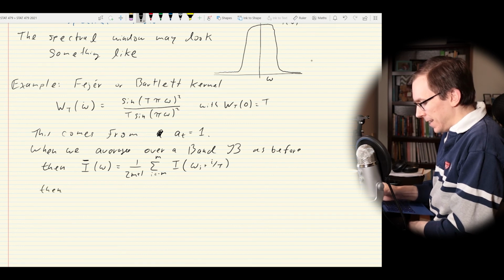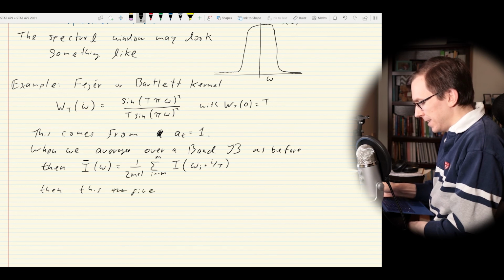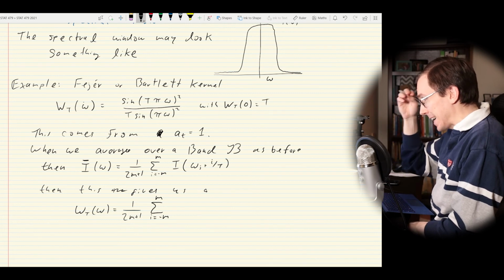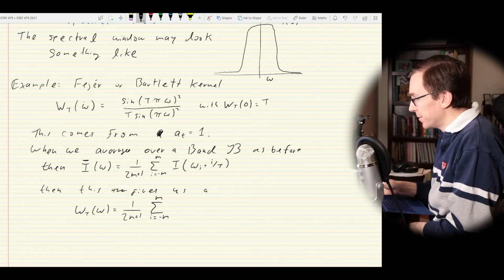This gives us a W_T of omega, which so happens to just be 1 over 2m plus 1 times the sum over i from minus m to plus m of that exact same kernel above: the sine of n pi times omega plus i over t.